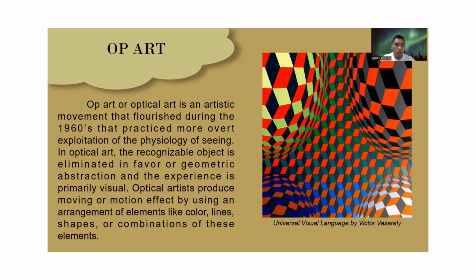Optical artists produce a moving or motion effect by using an arrangement of elements like color, lines, shapes, or combinations of these elements. One example is Universal Visual Language by Victor Vasarely.